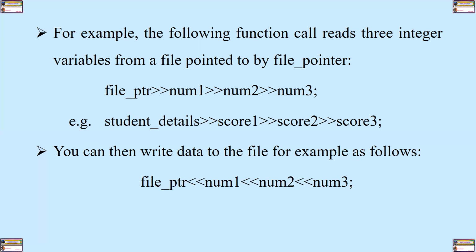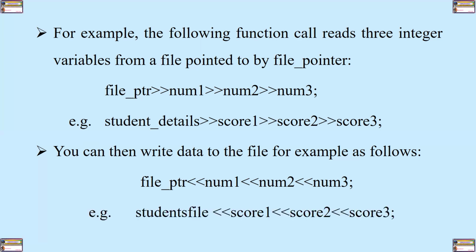So we don't have different file pointers for reading and for writing if we are making use of the same file. What we only need to change are the operators, as you can see.